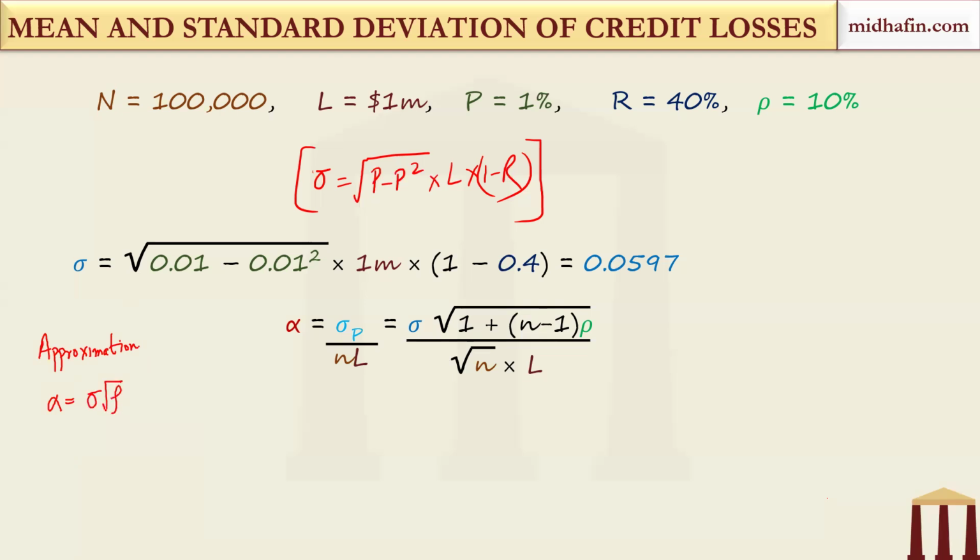Root of rho divided by L. Just see how much you are getting. 1 plus, because if you see rho is 10%, 0.1, it won't make a huge difference. Again, I agree with you over here also, but this inside term will make very little difference. So this can be very safely ignored.